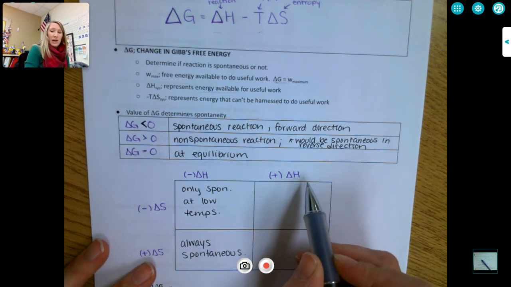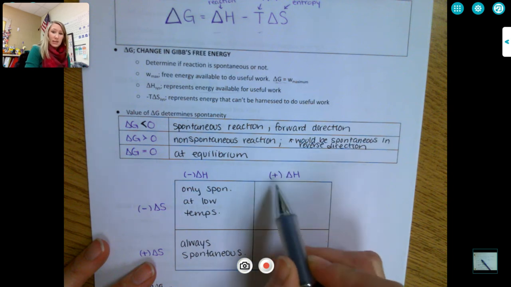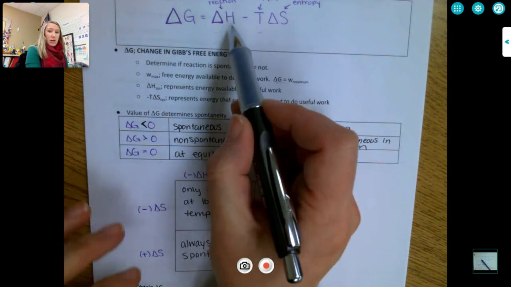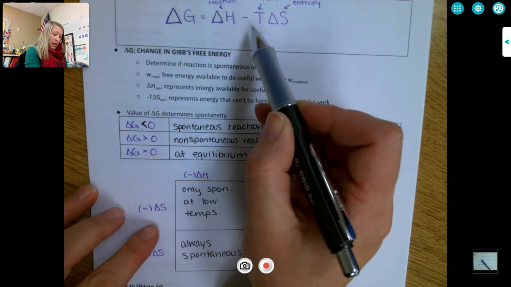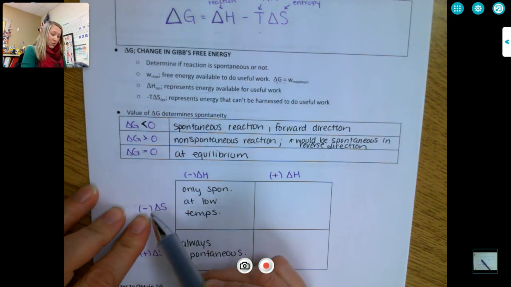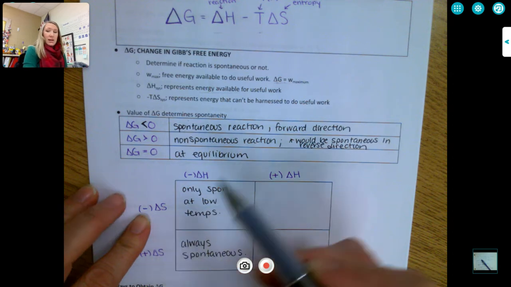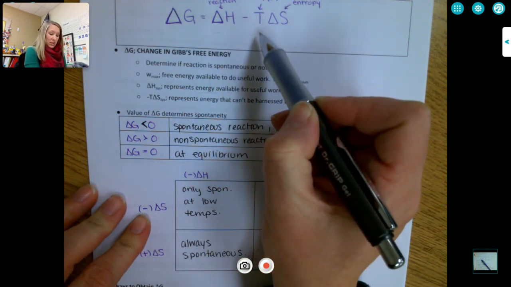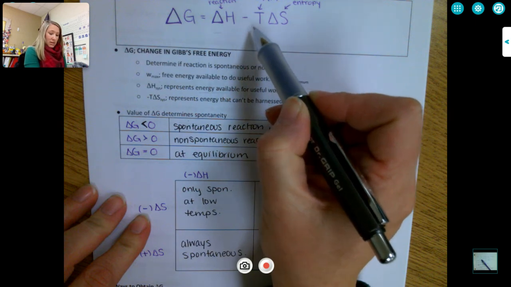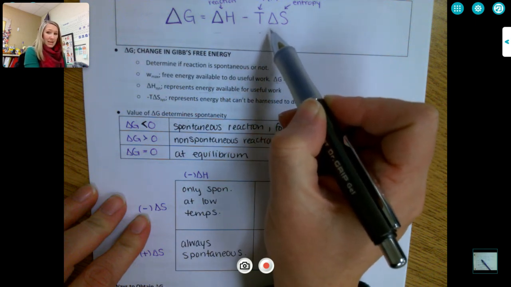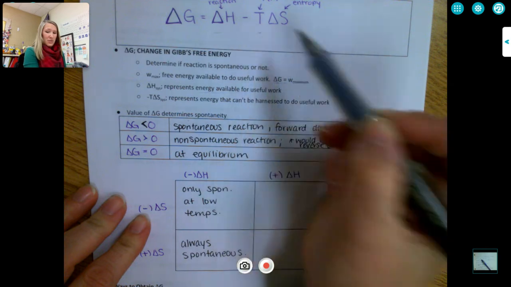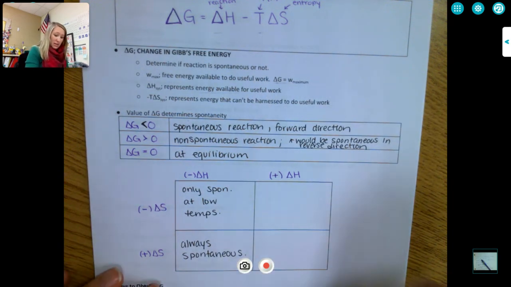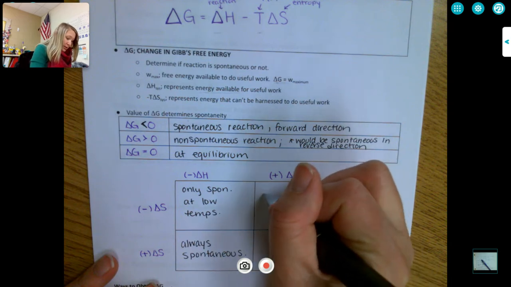Okay. Well, what if I have an endothermic reaction or a positive delta H? If I have a positive delta H here, and I'm subtracting a negative delta S, so positive minus a negative, that's going to make this overall positive. Positive plus positive is always positive. So that means these are never going to be spontaneous because it's always going to be positive.